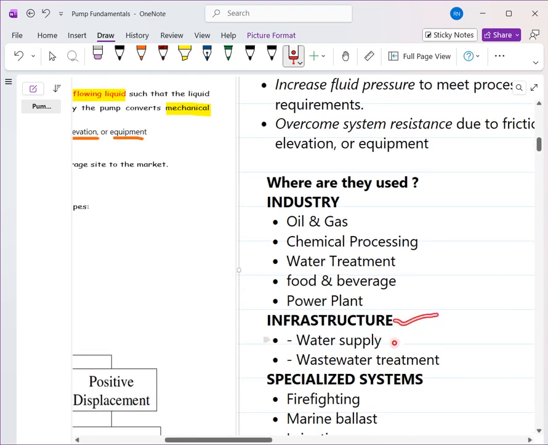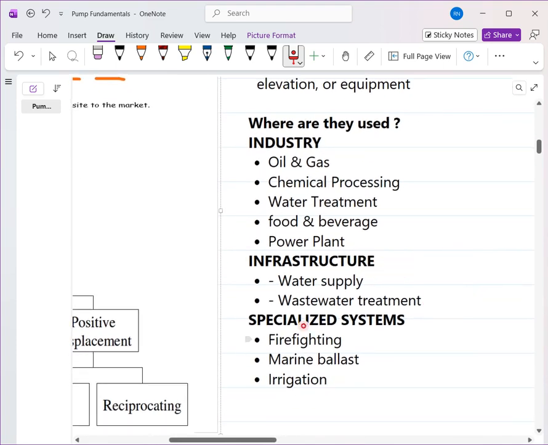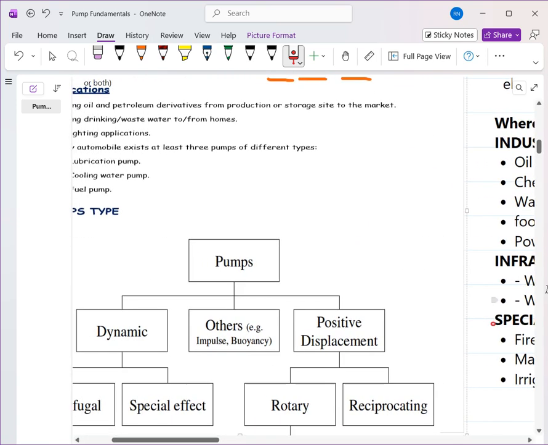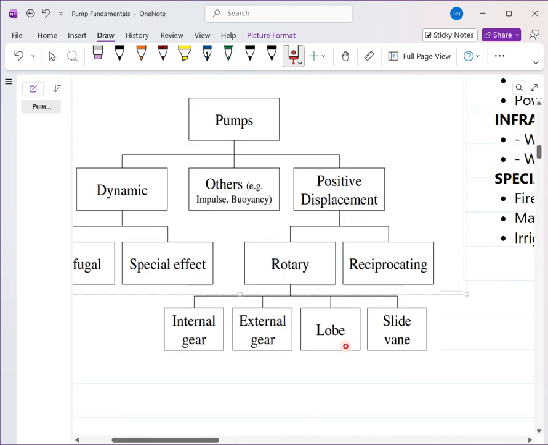They are also used in infrastructure like water supply and water treatment plants, and in specialized systems like irrigation. So these are the points on where they are used.